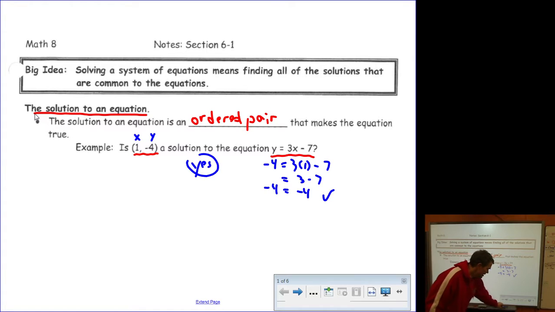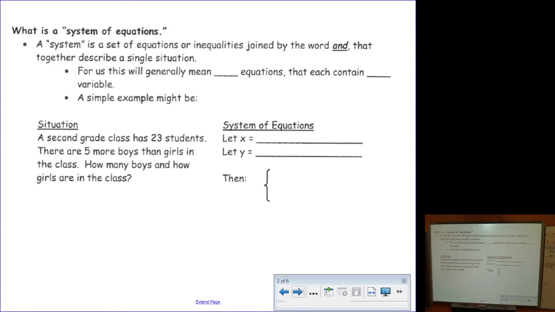Right? So in Chapter 6, though, we're not going to be dealing with the solution to one equation. We're going to be dealing with the solution to a system of equations. So what is a system of equations? Well, a system is a set of equations, or we might do inequalities, joined by the word and. That just means that both things have to be true, that together describe a single situation.